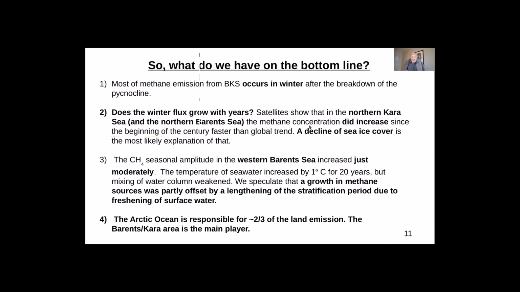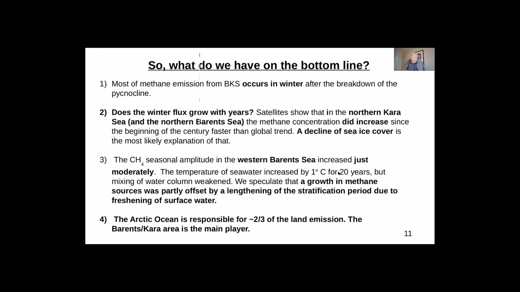Satellites show that in the northern Kara Sea and also northern Barents Sea and close to Svalbard, methane concentration has grown since the beginning of the century faster than the global trend. And the decline of sea ice cover is the most likely explanation of that, for the areas perpetually covered by ice in winter time, early winter time.